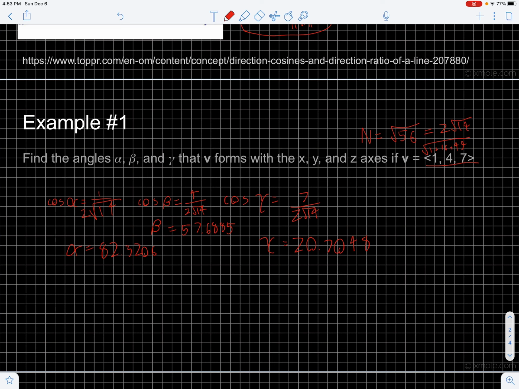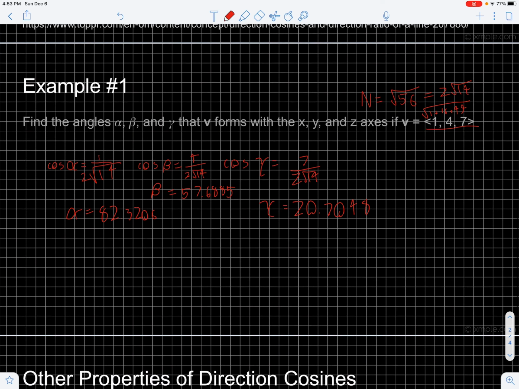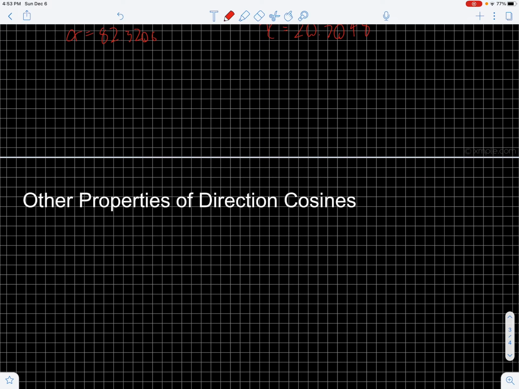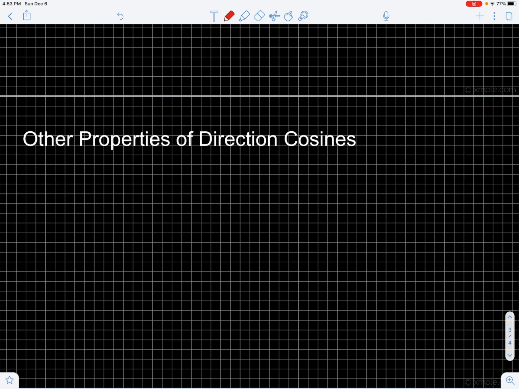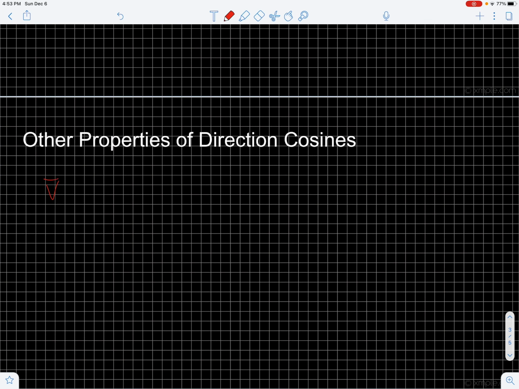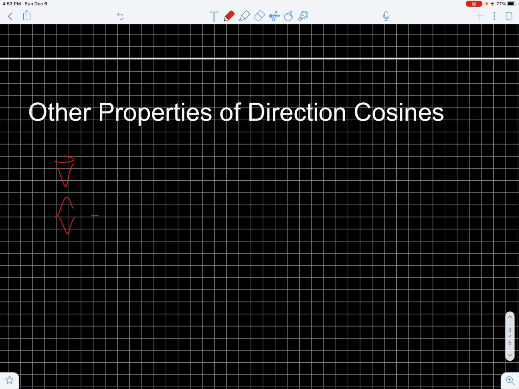Now, dividing our x, y, and z components by the norm of the vector should bring back some memories. That should ring some bells. What we are doing is essentially normalizing our vector. If we have our vector v and we want to find a unit vector v hat that goes in the same direction, we get vx over the norm of v, vy over the norm of v, and vz over the norm of v.